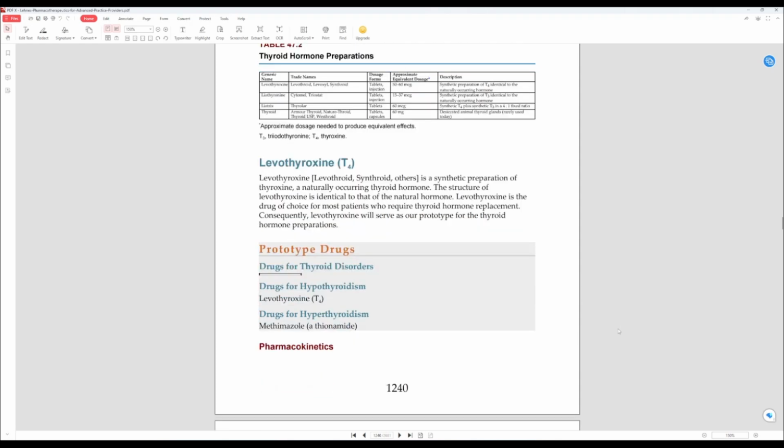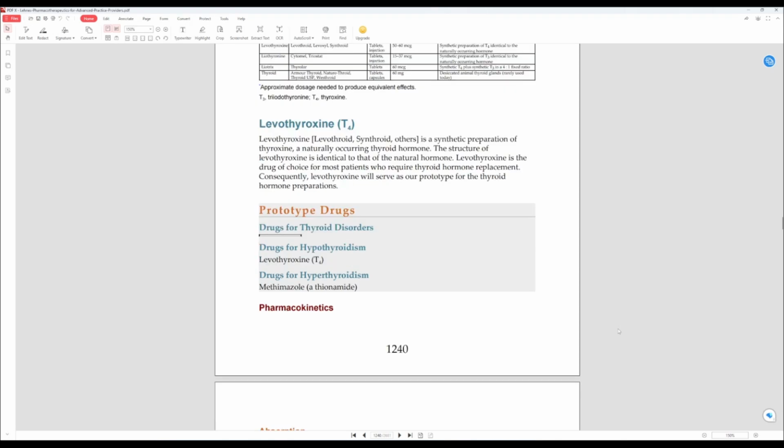So let's talk about levothyroxine, T4. Levothyroxine, or levothyroid, or Synthroid, is a synthetic preparation of thyroxine, a naturally occurring thyroid hormone. The structure of thyroxine is identical to that of the natural hormone. Levothyroxine is the drug of choice for most patients who require thyroid hormone replacement.